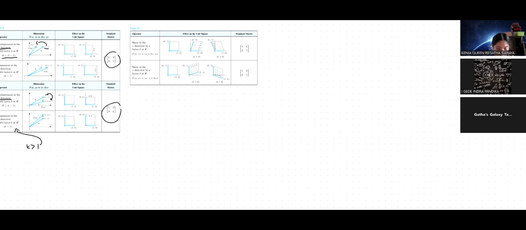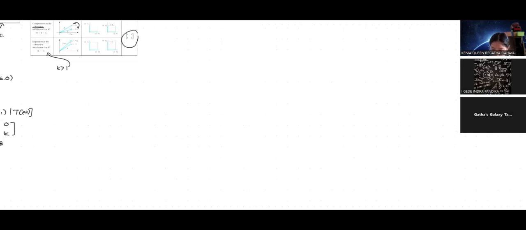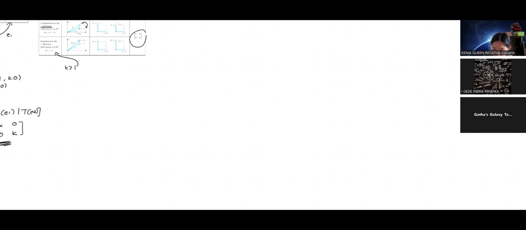So let's see how to find the standard matrix over here. Standard matrix. Okay, let's start with the x direction.